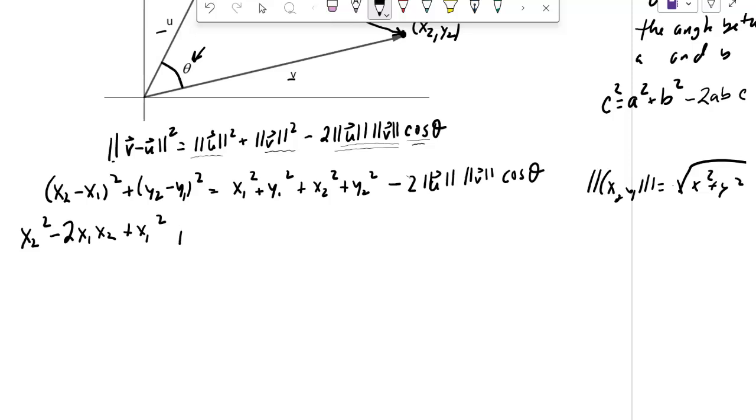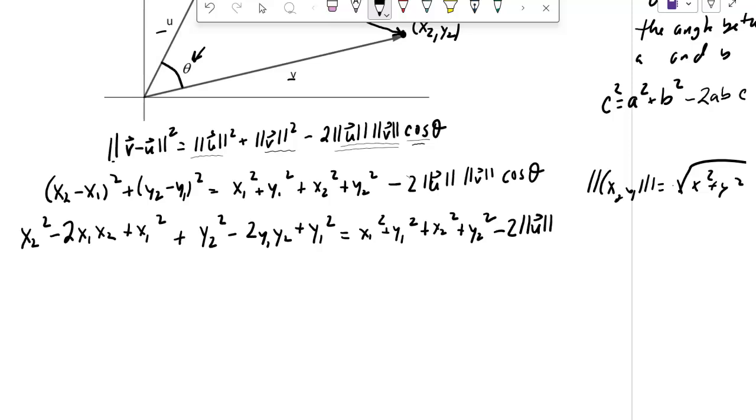And we get the exact same thing in the second binomial that we square out, except that I'm changing the names to y's instead of x's. Okay? This is not bad algebra at all.